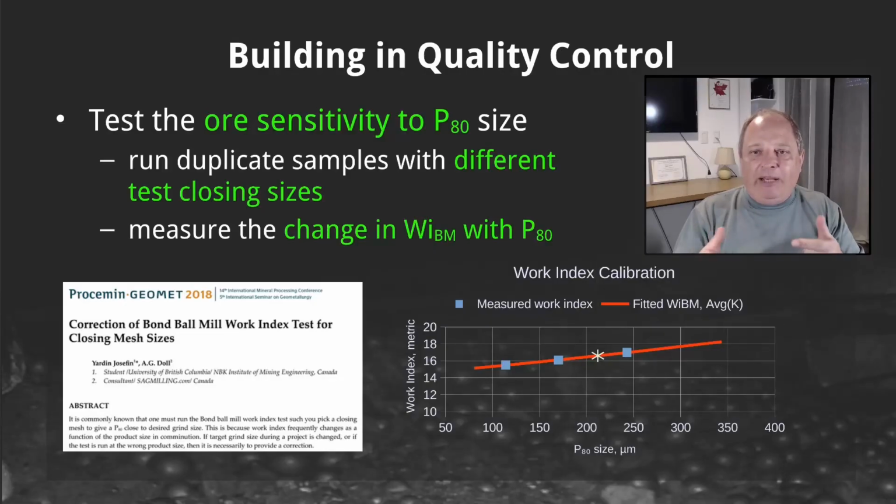So again, this is a way of building some redundancy into the program, as well as generating extra information. You're getting the P80 effect on work index, but you're also validating that the work index values are repeatedly hitting the expected amount of variation you should get with repeat tests.